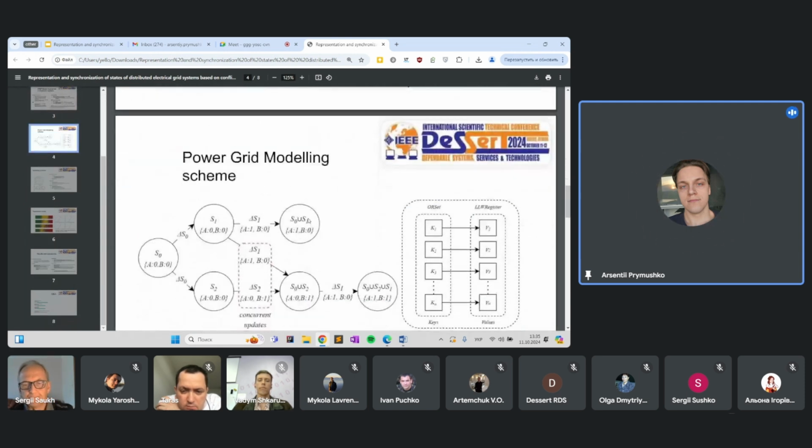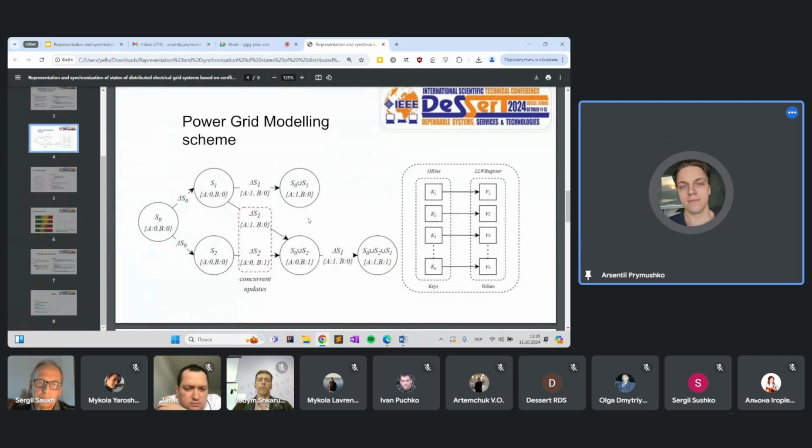So for power grid modeling, we use a separate framework, developed by us, as I said. It allows us to operate with power grid units using an actor-based model.